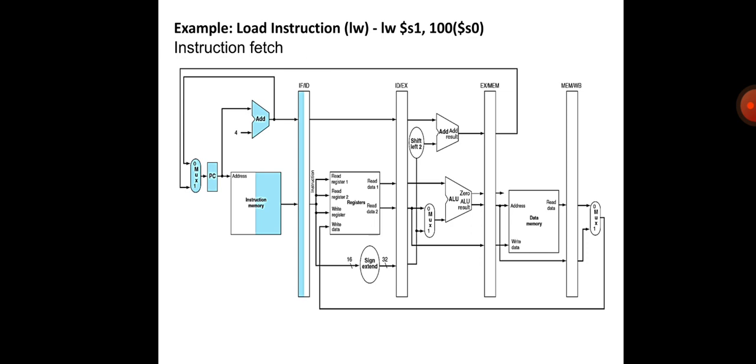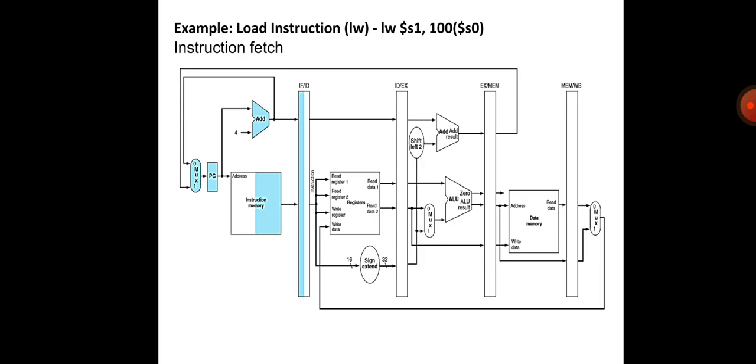In the first stage, instruction fetch, the highlighted portions indicate all the areas where the operations are done. If the right half is highlighted, that indicates the read operation is being done. If the left half is highlighted, that indicates the write operation is done.